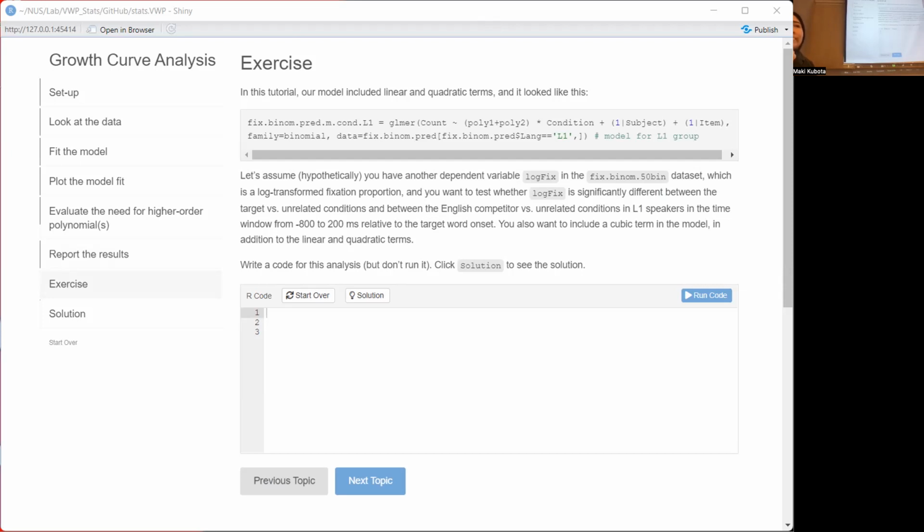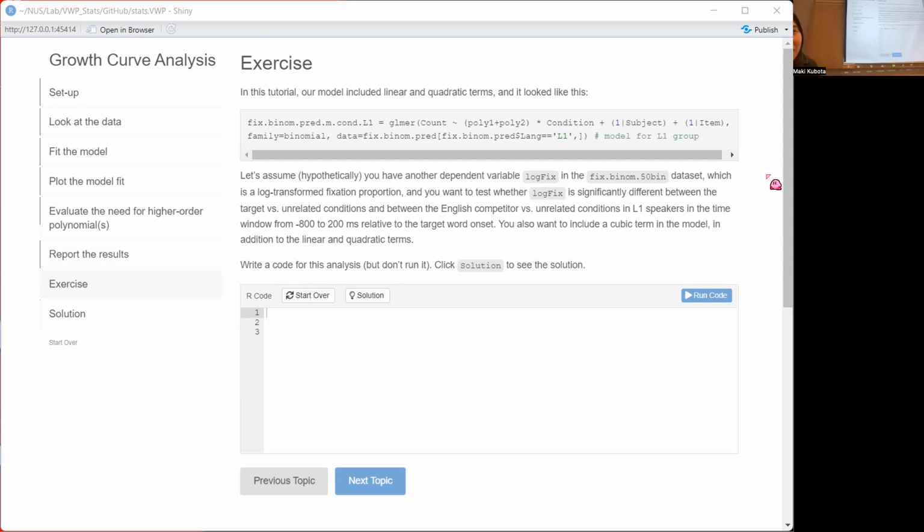Which analysis was that? Aine, there was a question. If you're interested in poly 2 where you show the peak, but you want to know whether the peak occurs earlier or later for each condition, which would be the best analysis to use?